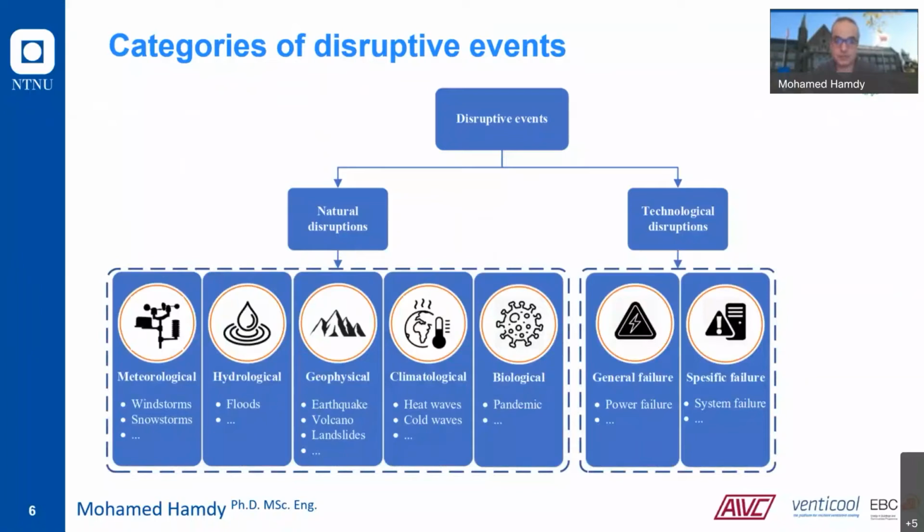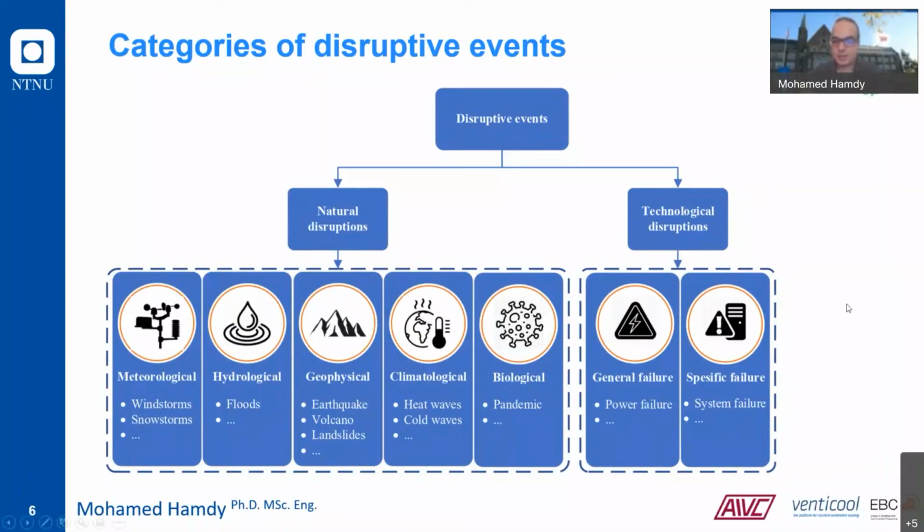So it can fit for assessing resilience for different disruptive events, which can be categorized as natural disruption or technological ones. Natural can be related to weather, hydrological, climate, or pandemics and biological.